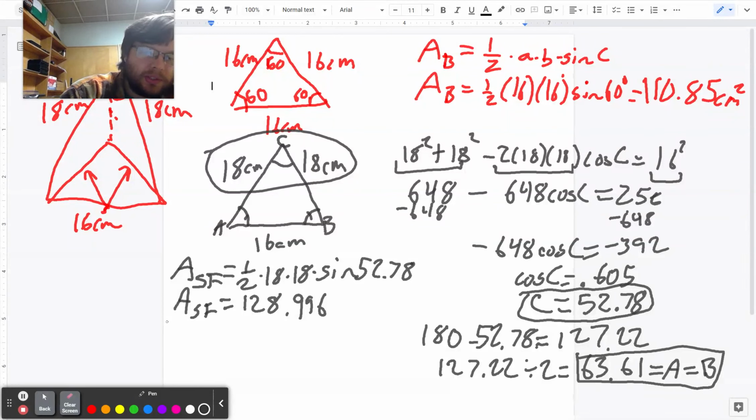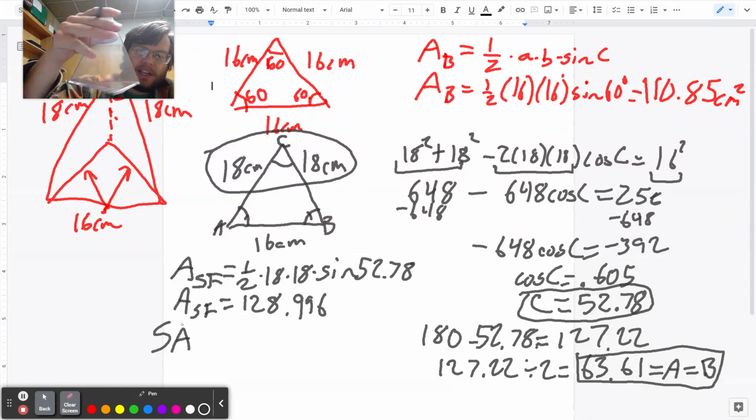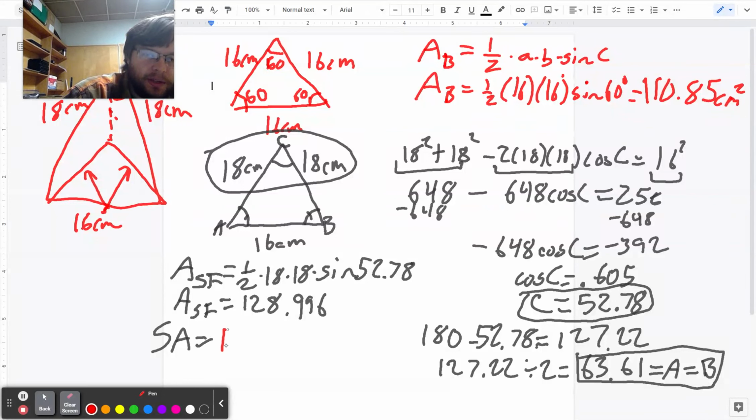So then my total surface area is going to be the red base, and then I have 3 of the clear triangles. So it's going to be that red answer we calculated a few minutes ago, plus 3 of the things we just calculated.